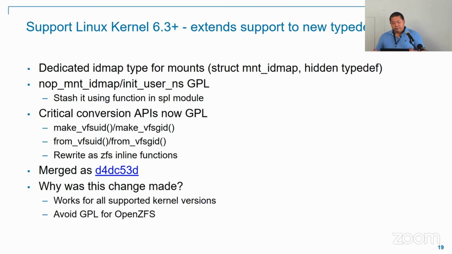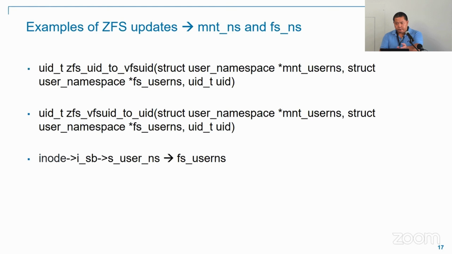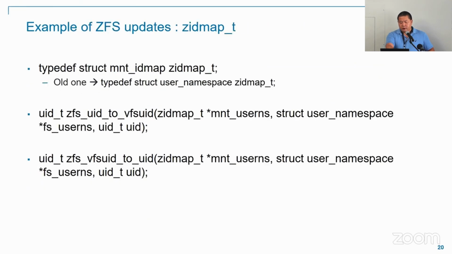We don't want to get into this kind of GPL stuff. So what I did is basically, it's already written in the previous iteration. We did this, it's almost the same thing. The only thing I did is use a new typedef.